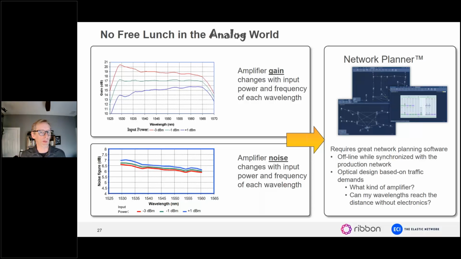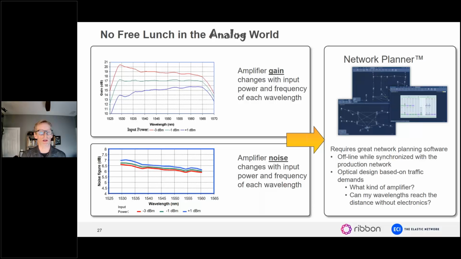That amplifier gain changes. It's not just one number. It actually changes with the input power, and it changes with the frequency of each wavelength. Okay, that's a bad thing, but it's physics and you can't get around it. And the second thing is the amplifier noise that gets generated also changes with the input power and the frequency of each wavelength. The good thing is we have software to help you with that.